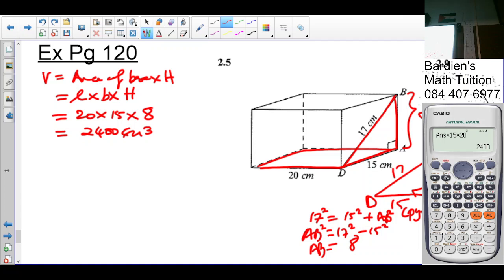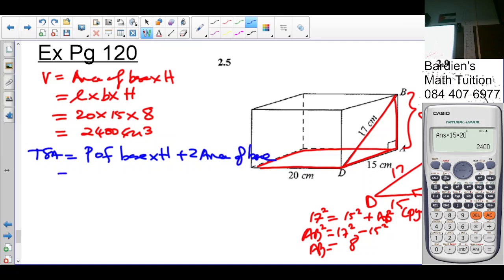Let's look at the total surface area. Total surface area is going to be perimeter of base times height plus twice area of base. Perimeter of base, a rectangular base, is 2 length plus 2 breadth, times the height, plus 2 area of base.